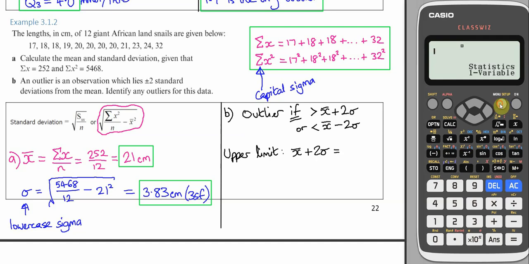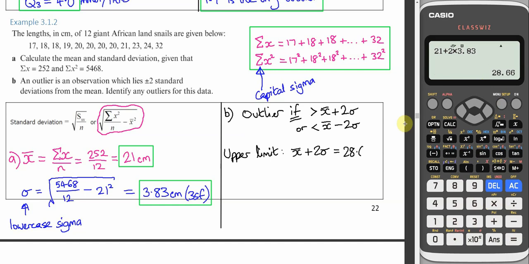The upper limit, x bar plus 2 standard deviations. So back to the calculator. X bar was 21 plus 2 times the standard deviation. Just using the rounded 3.83 will suffice. So that's 28.66. The lower limit, it'd be better if I hadn't rounded 3.83, but that is going to do its job.